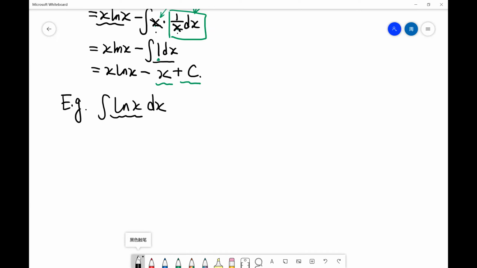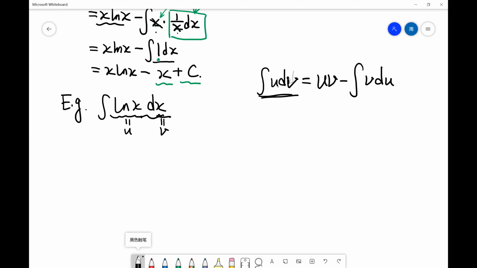I will write the formula again here: integral of u dv equals u times v minus integral of v du. So for this example, we can decide directly that ln x is u and the remaining part is v, as in the formula, right? Because we only have ln x here.